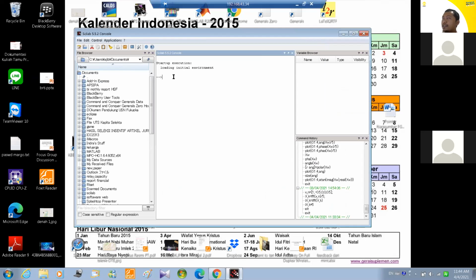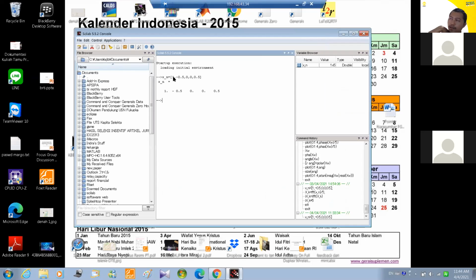You can write directly using the command line. For example, xn is equal to 1, this is one period of the signal, minus 0.5, 0, 0, and 0.5.